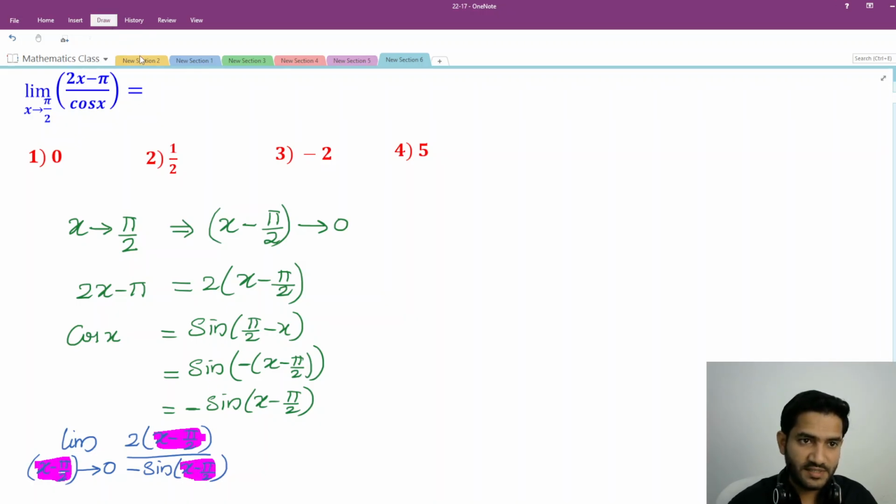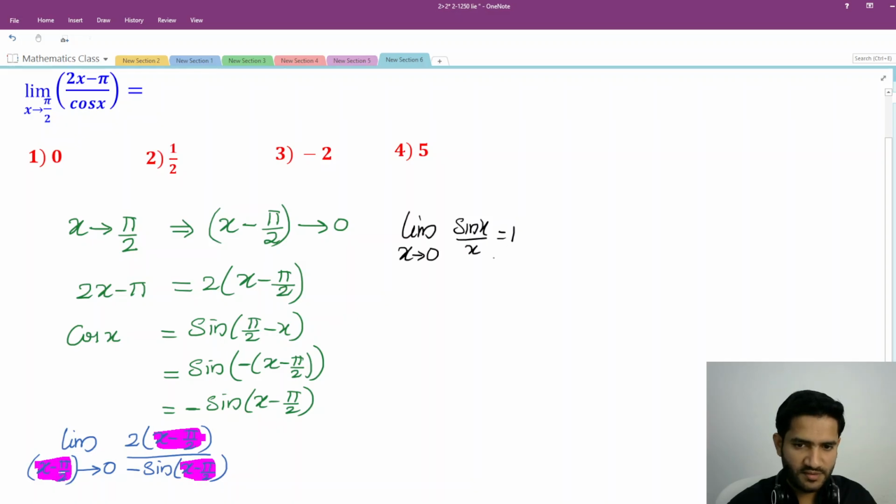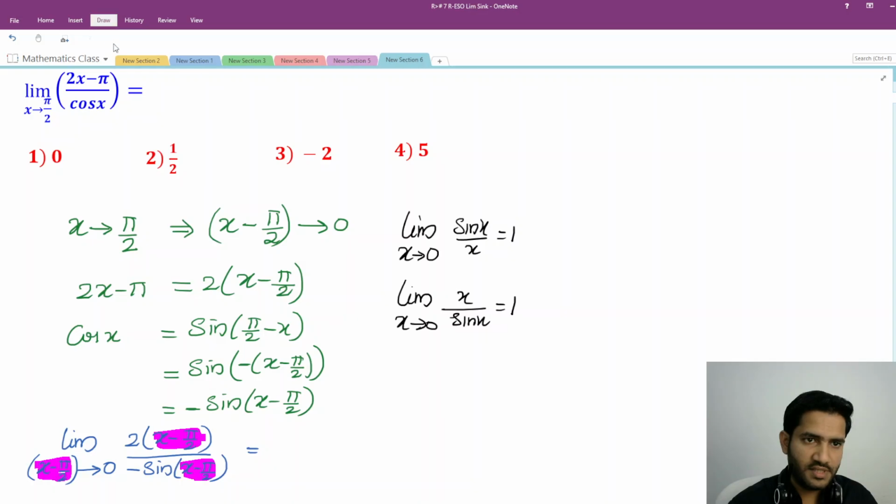So we have the result related to sine x by x: limit x tends to 0 of sine x by x equals 1. The same result we can use for the reciprocal, because by the algebra of limits x by sine x is also equal to 1. Look at the constants.